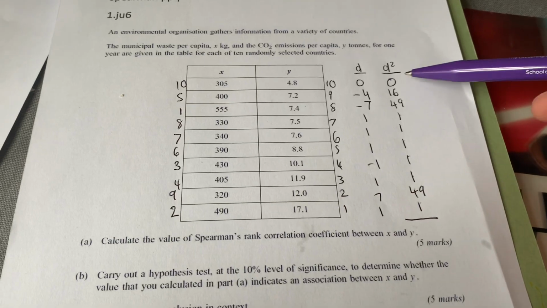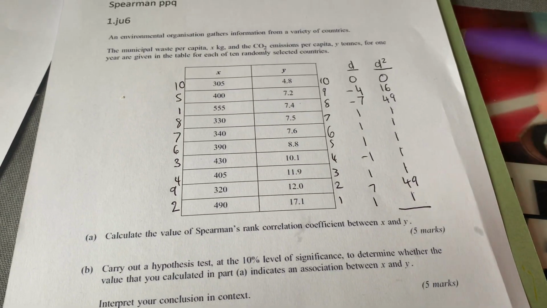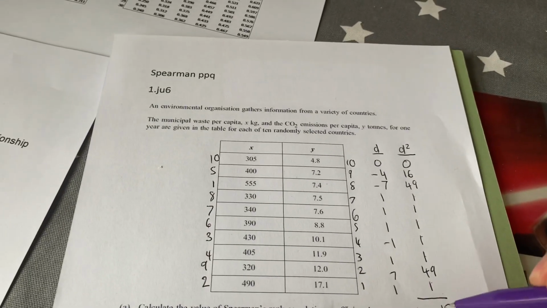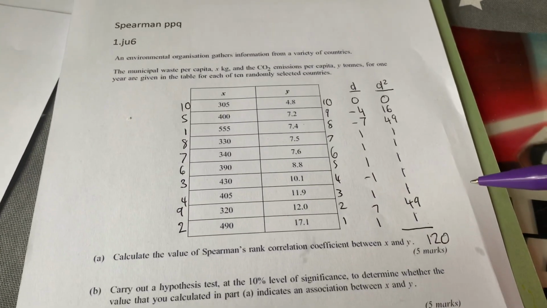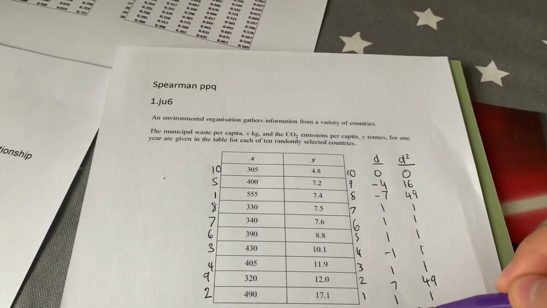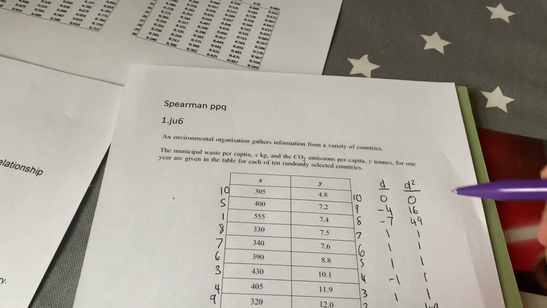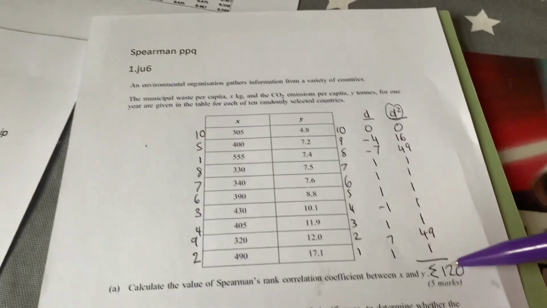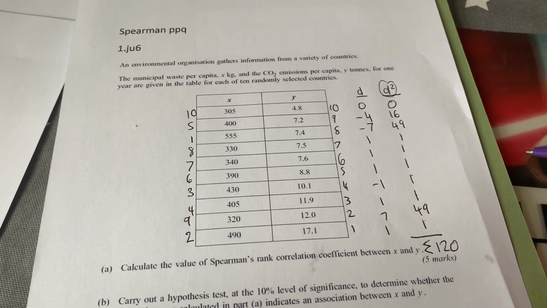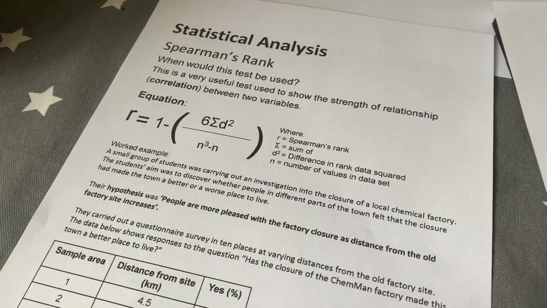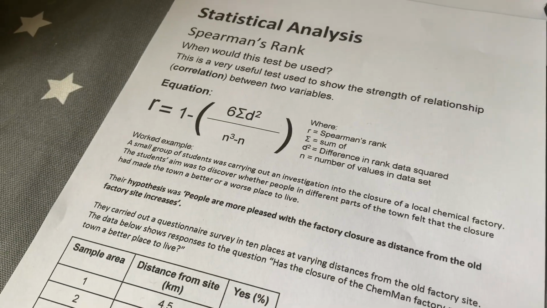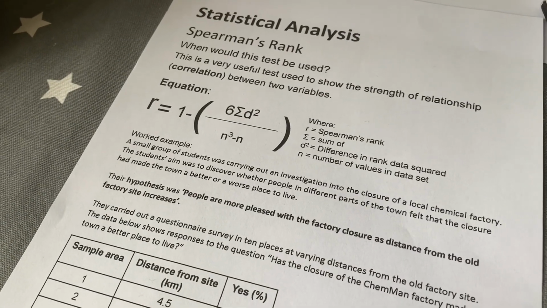If we add up this d squared column, it comes to 120. That's an important number because that is our sum of d squared, our total for the d squared column. Now I've got that, I can very simply use this formula, which is in your fieldwork and research booklet.